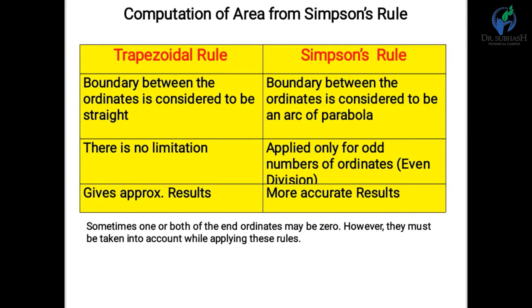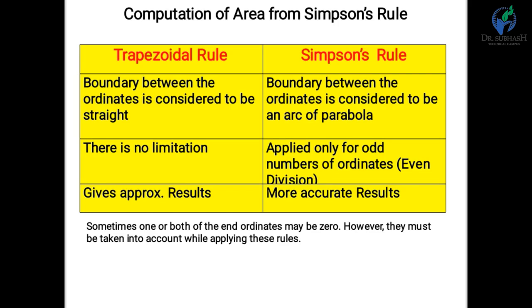Now here is the comparison between the trapezoidal rule and the Simpson rule. The common difference is that in the trapezoidal rule, the boundary between the ordinates is considered to be straight, and in the Simpson rule, the boundary between the ordinates is considered to be an arc of a parabola.